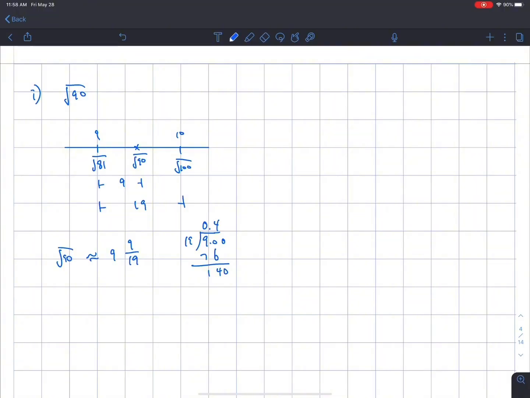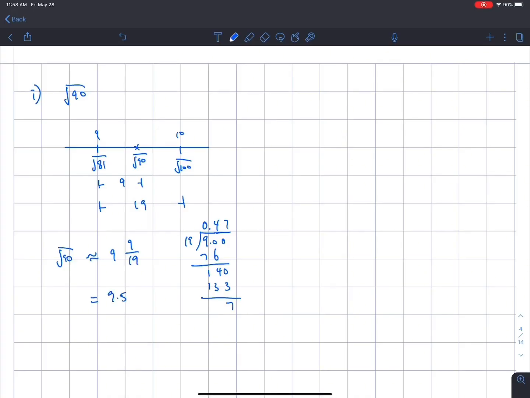Add a 0, move it down. So maybe 7, 133. 7 plus 6 is 13. And then we subtract. So rounding to 1 decimal place, it will just be 9.5.